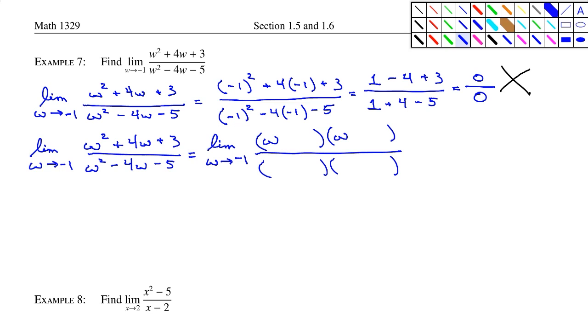What two numbers multiply to give you 3 and add to give you 4? That would be +1 and +3. And on the bottom, w and w. What two numbers multiply to give you 5 and subtract to give you 4? Well, that would be 1 and 5. And the 5 should be negative, and the w with the 1 should be plus.